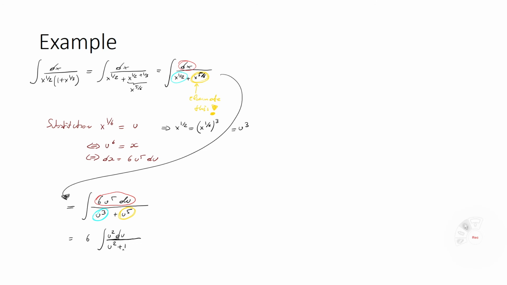Now you might solve this with the partial fraction expansion. That would give you a very correct answer. I'm not going to do that. I'll take a small shortcut. So if I have my integral like this, what I can do is write plus 1 minus 1 here, and then my integral becomes 6 times the integral of (u squared plus 1) over (u squared plus 1) du minus 6 times the integral of du over u squared plus 1.